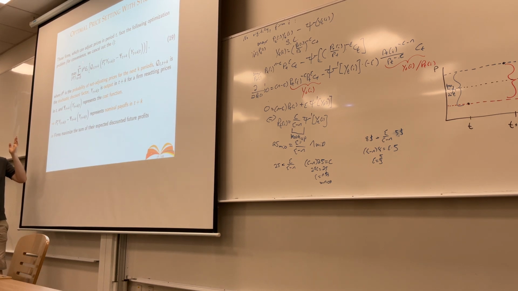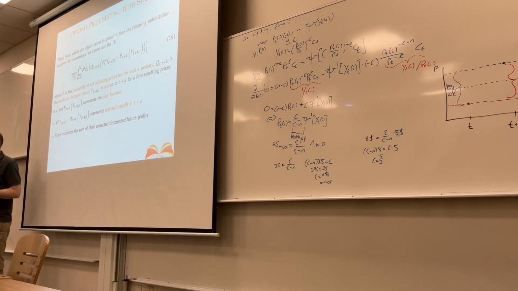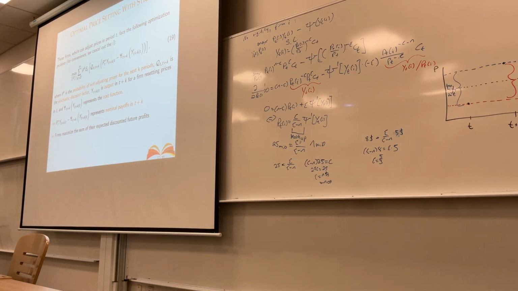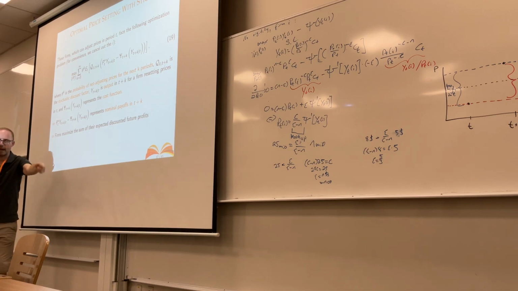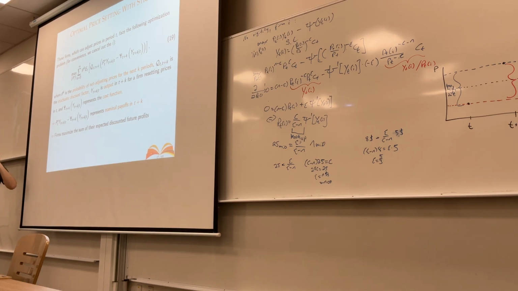I don't know if it's the biggest, but the probability of not adjusting the price is an independent event. You're chosen at random. It's a lottery: the firms are chosen who can change the price, who cannot. It's like a magical fairy comes and taps you on the shoulder and says you can change your price. Some people call it the Calvo fairy, to make fun of it.